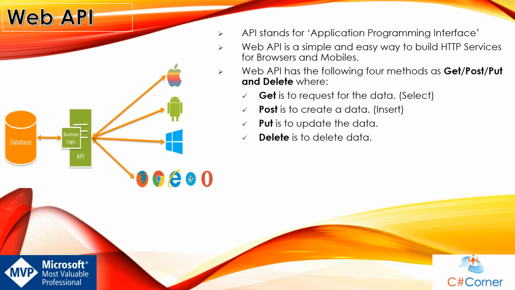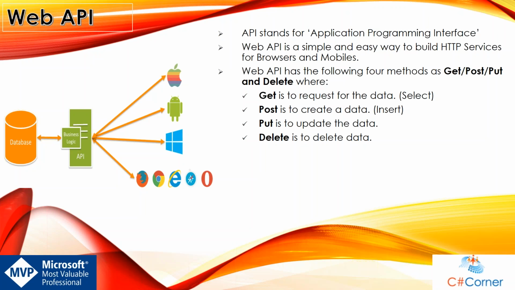Next, here we will be using the web API to perform the CRUD operations. Again, we will be using the web API because it supports HTTP services, and in web API we have 4 methods: get, post, put, and delete.